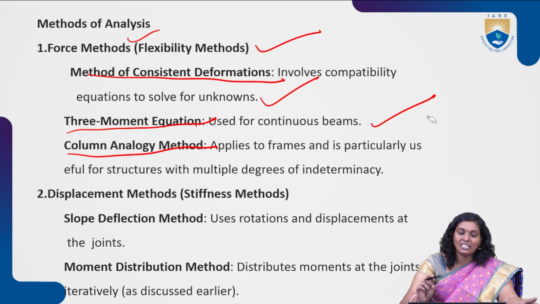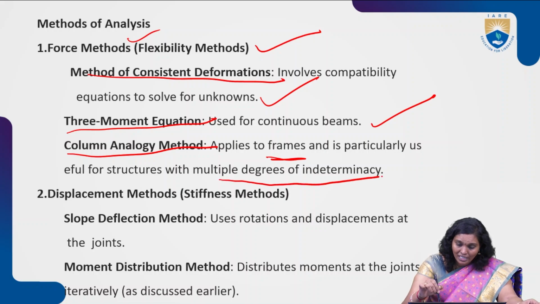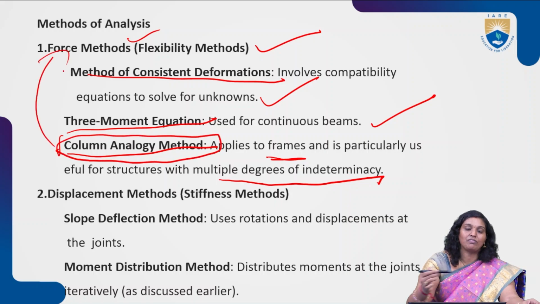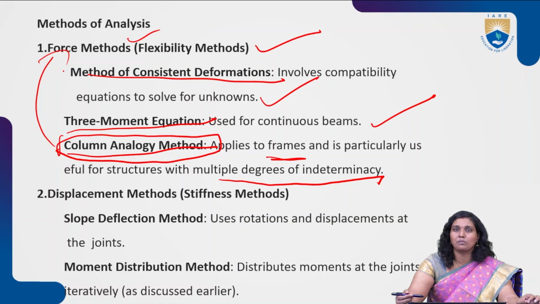So this force method is nothing but the flexibility method also. The column analogy method applies to frames and is particularly useful for structures with multiple degrees of indeterminacy. We choose this column analogy force method for identifying the unknowns, for understanding the analysis.